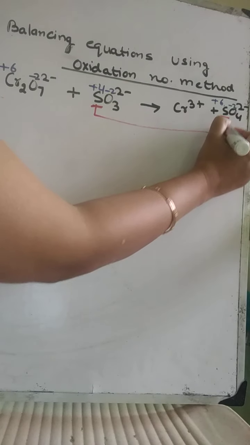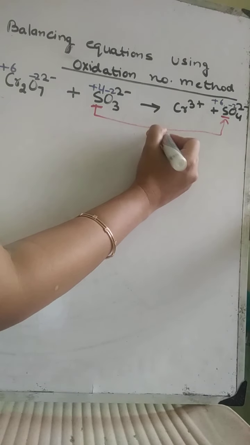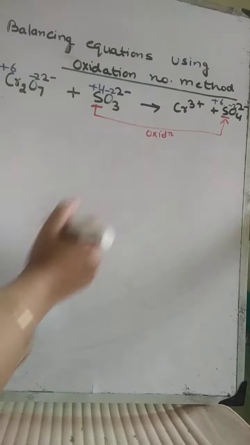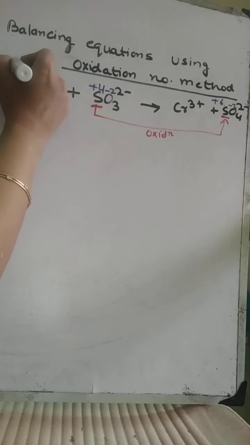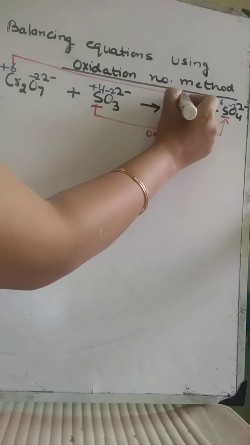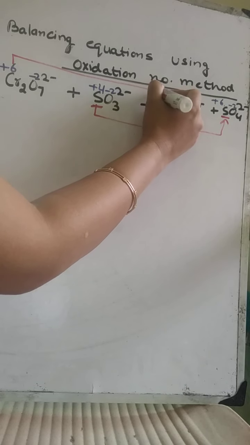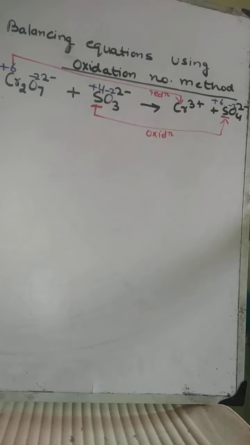That means sulfur is undergoing oxidation. We'll write like this. And if you notice chromium, it is going from +6 to +3. That means chromium is undergoing reduction. So the second task for balancing is you write who is undergoing oxidation and who is undergoing reduction.